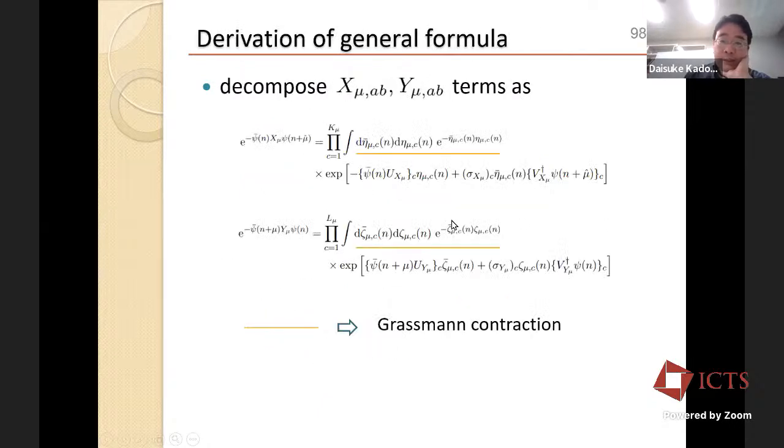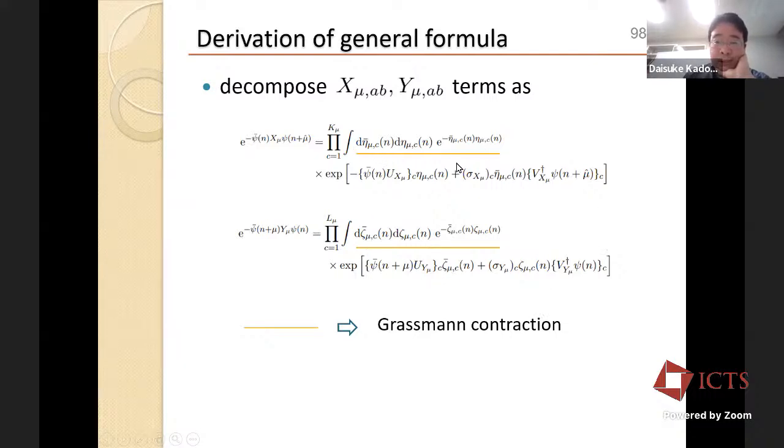We obtain this formula: the hopping term of x mu is expressed in this form, and the hopping term of y mu is expressed by this form.